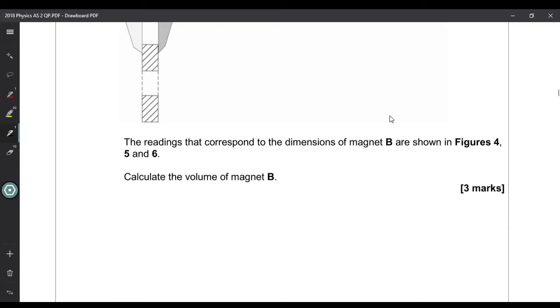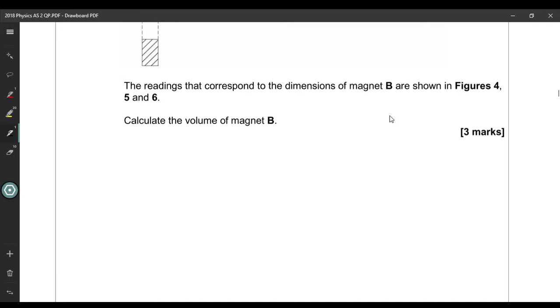Now of course in this case we've got an internal disk that's missing, so we've got to subtract that from our volume of the disk. And we've been given all the values now of the diameter of the disk, the internal diameter and the thickness.